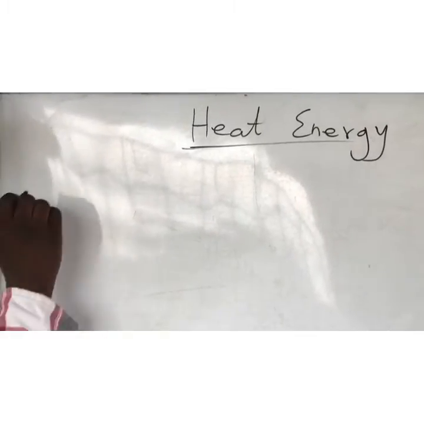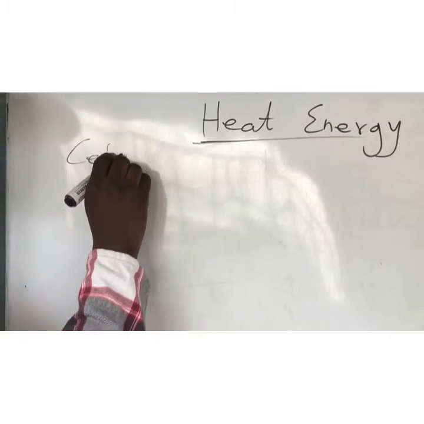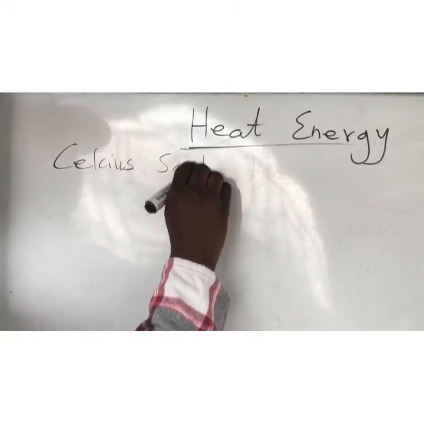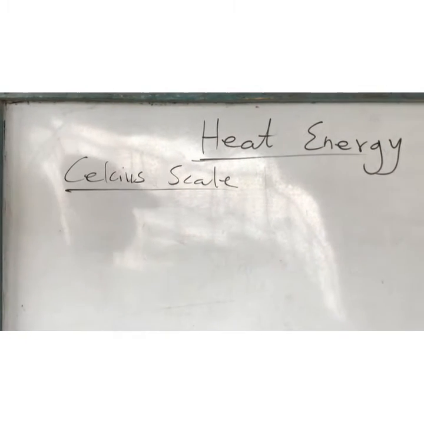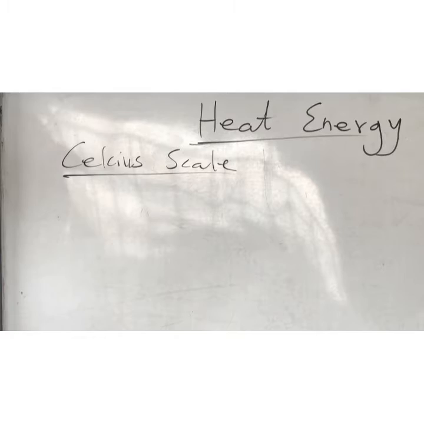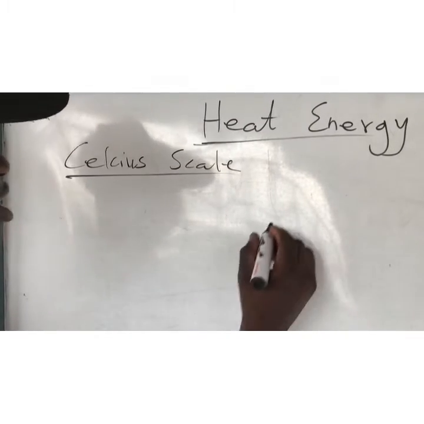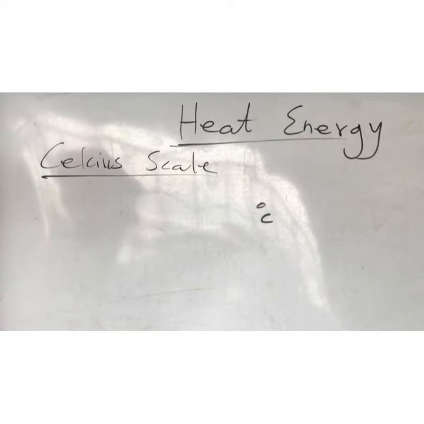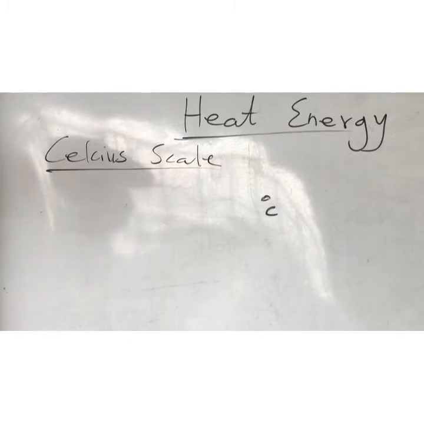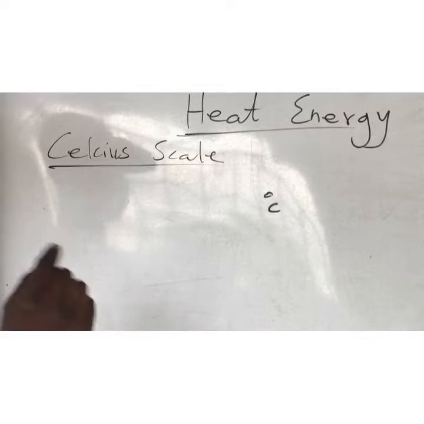So let's look at the Celsius scale. The reason why we are saying it is the Celsius scale is that the calibrations have the unit of degrees Celsius. So whenever a temperature is taken with a thermometer which has a Celsius scale, we write the unit attached to it as degrees Celsius.